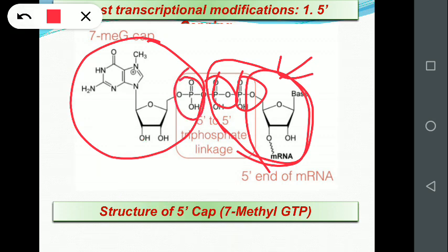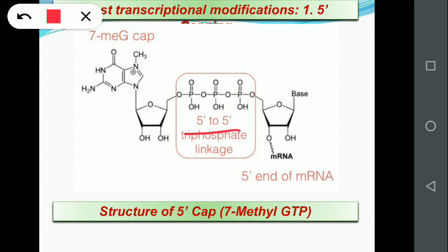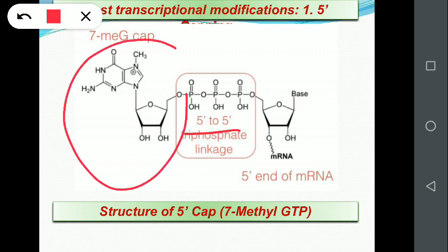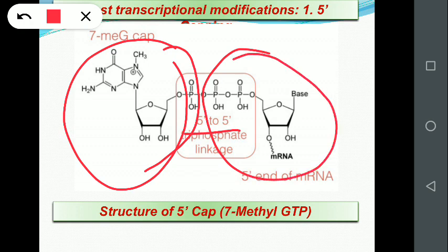This 5' phosphate itself interacts with the diphosphate of the first nucleotide, so that is why it is a 5' to 5' triphosphate linkage. This is the guanosine monophosphate GMP, and this is the nucleoside diphosphate. And at the 7th position on the nitrogen we have a methyl group, that is the 7-methyl G cap. So this is the structure of the 5' cap, that is 7-methyl GTP.